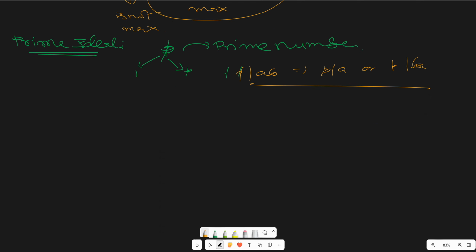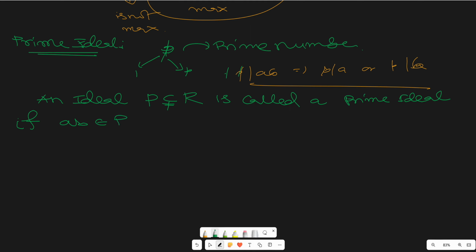So similarly, here we can define the prime ideal. Suppose an ideal P, a proper ideal, is called a prime ideal if AB inside P implies that A inside P or B inside P. Are you getting the definition?